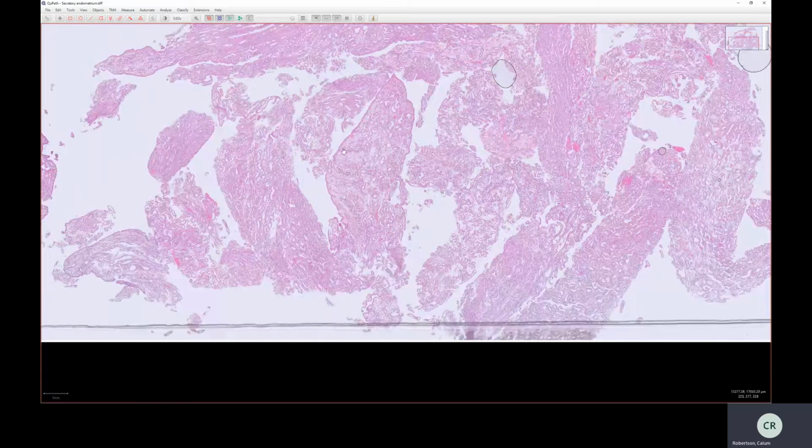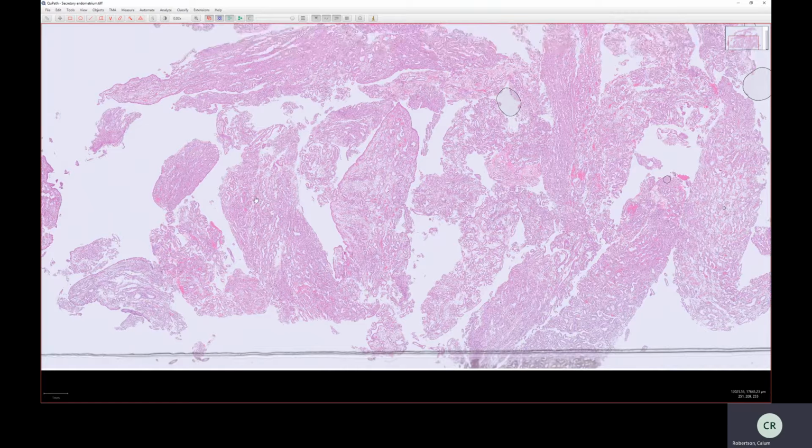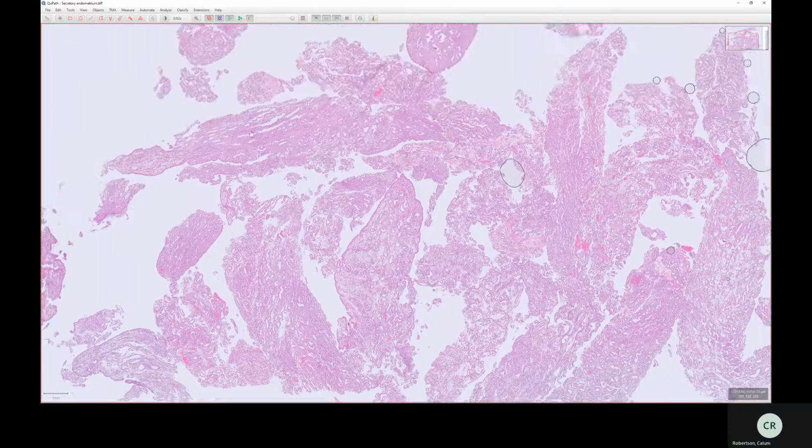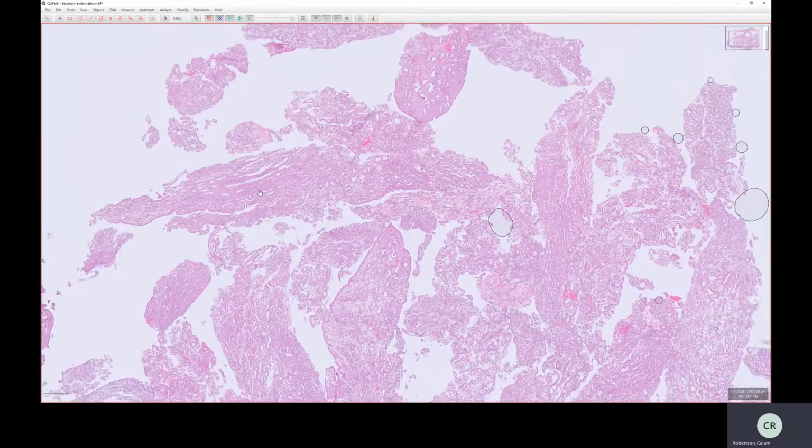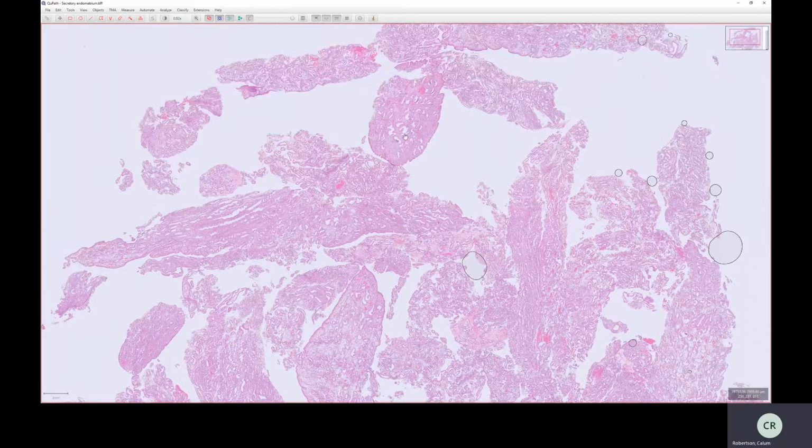Quite irregular looking, dilated glands with quite a tortuous look, almost like a wiggly look to them here. And you can see they're also dilated. You can see the spaces within the glands too.